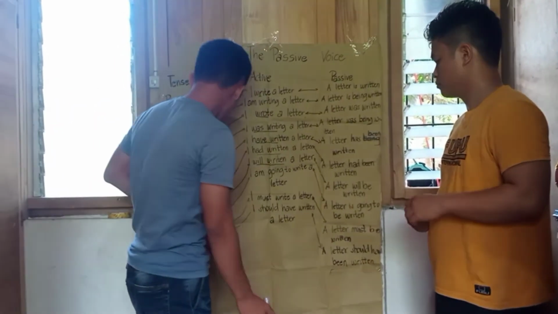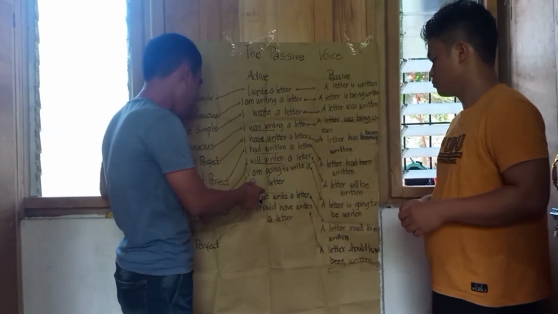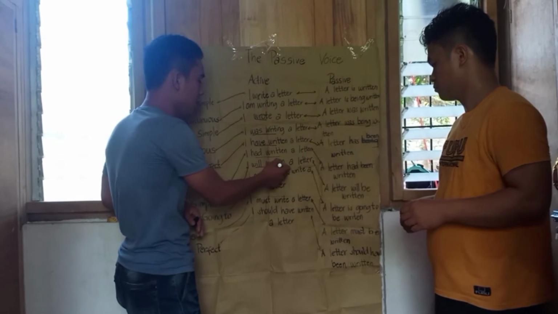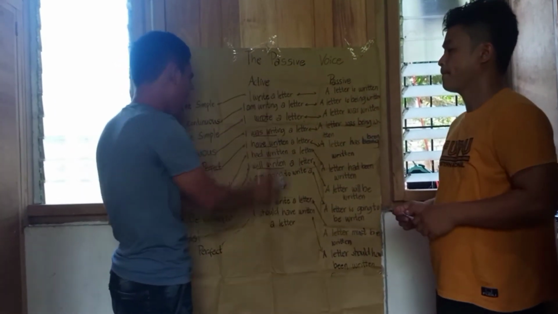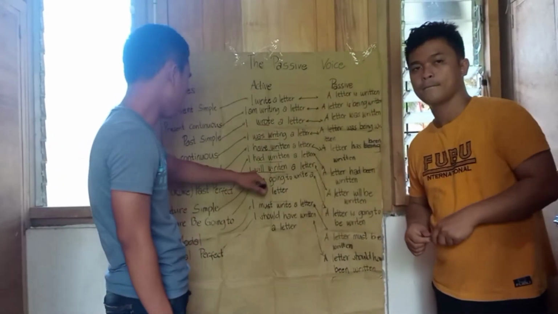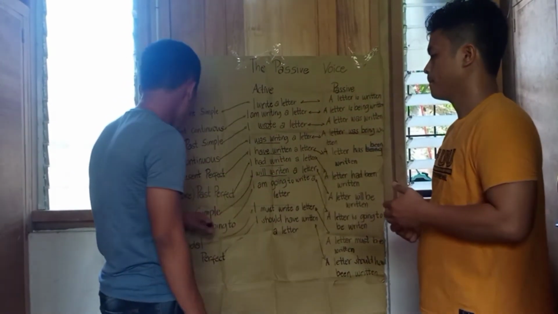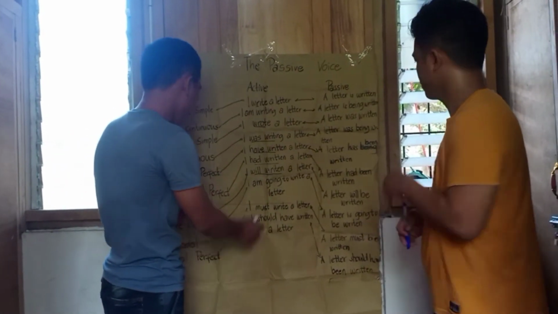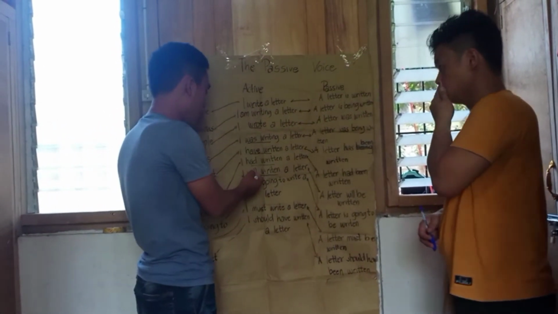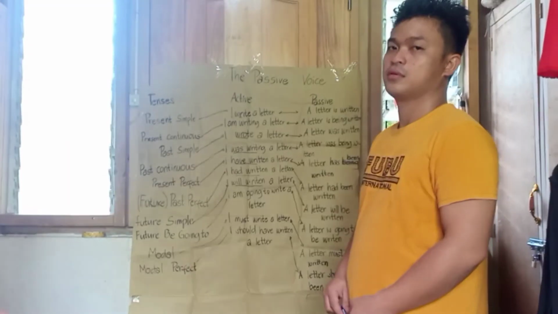So our future simple is will write, and in our active voice, we determine that it is the future simple because of the will write. Okay.